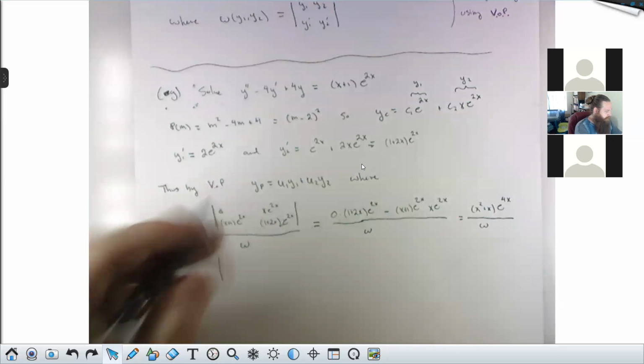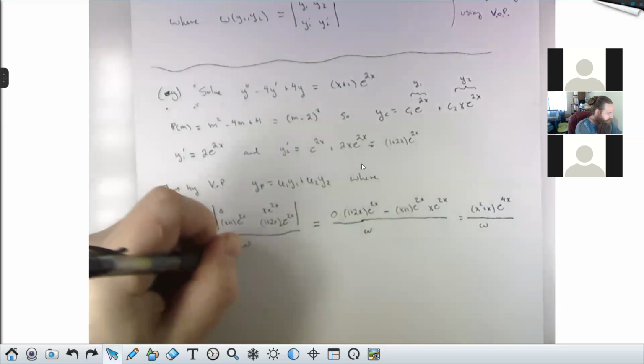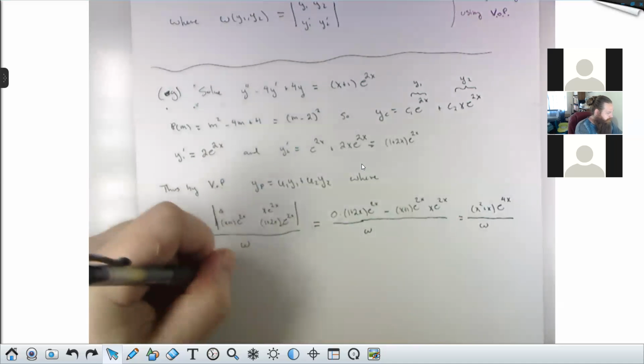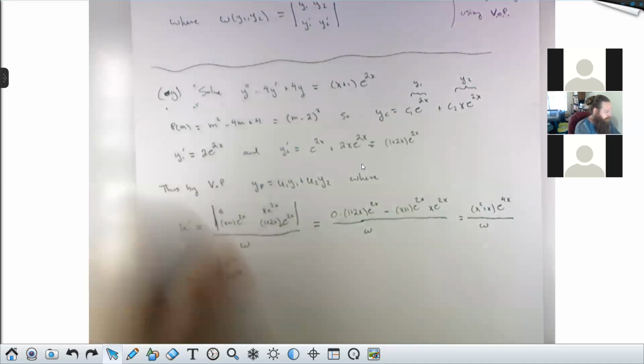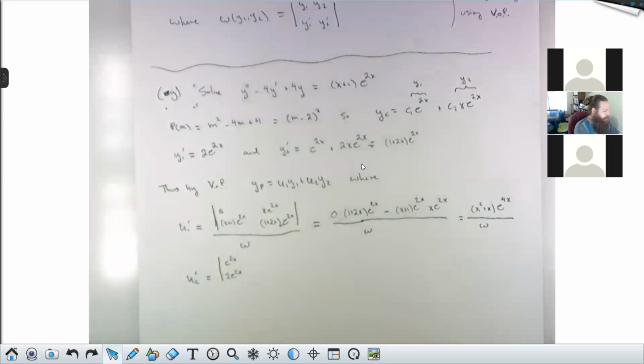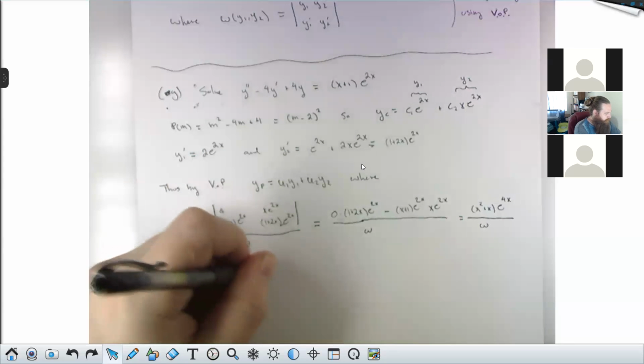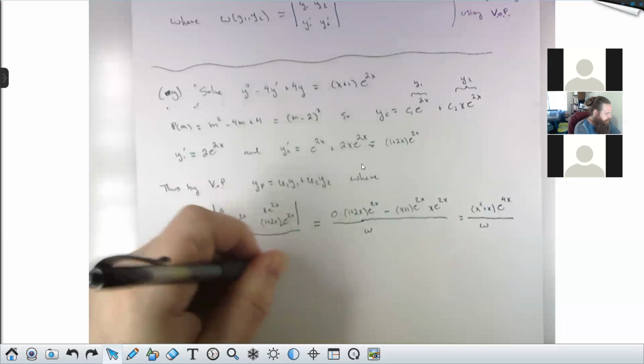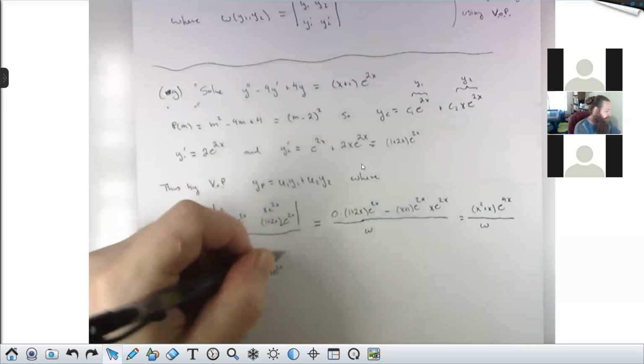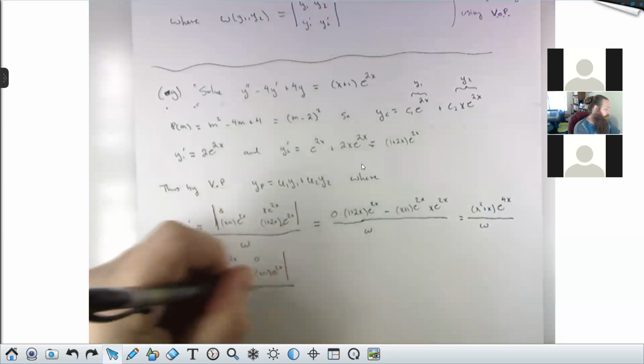So y1 is e to the 2x, and y1 prime is 2 e to the 2x. And then the second column, I just replace with 0 and g of x. So 0 and x plus 1 e to the 2x. Downstairs again will be W.